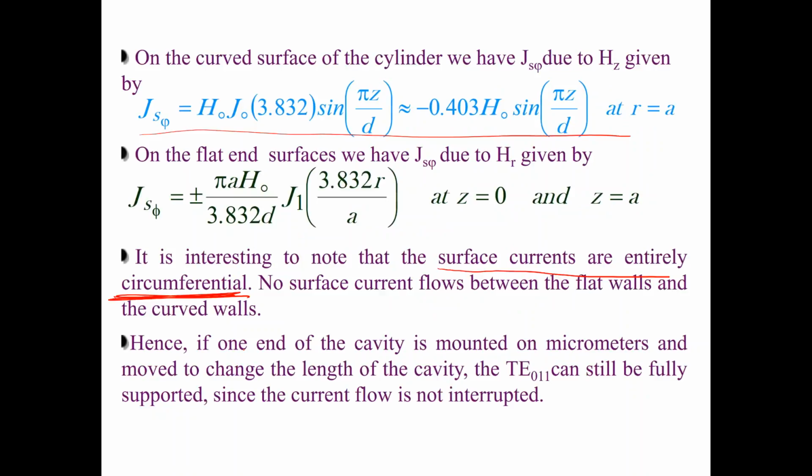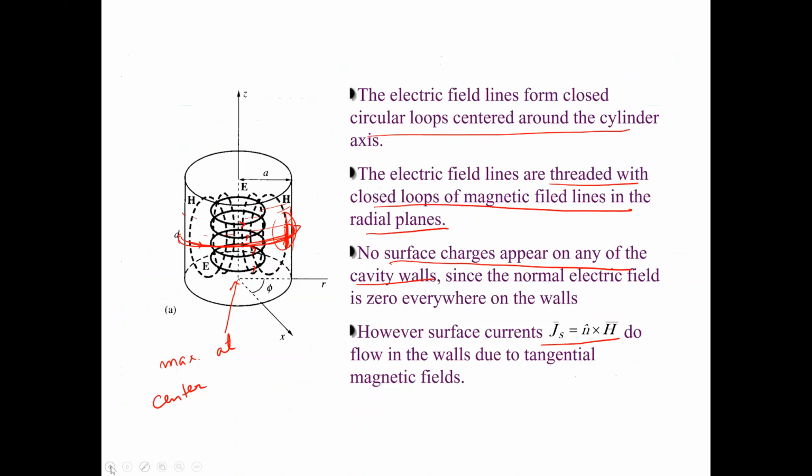So what happens now is if the end of this cavity is mounted on micrometers on a stage, and I can change the length, the TE mode can still be fully supported since the current flow is not going to be interrupted. There is no surface current flowing between this and this. There is absolutely no surface current flowing between the flat part and the vertical, circular, circumferential part.